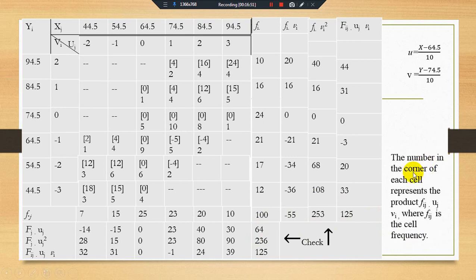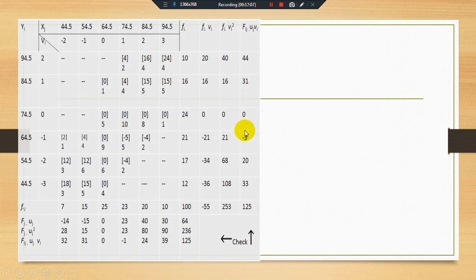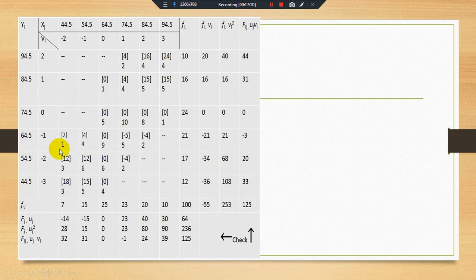Okay, the numbers in the corner of each cell represent the product fij uj vi, where fij is the cell frequency. So again I put this table for simplification because you have to use the corner values for getting the correlation of group data.